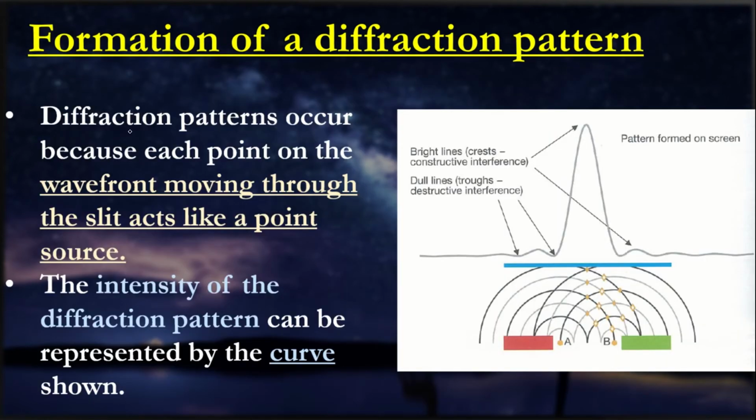And so we have the formation of the diffraction pattern. When diffraction patterns occur, each point acts like a little point source that keeps the wave moving forward. The intensity of the diffraction pattern we can represent with this particular curve here. And so let's go into that modeling.